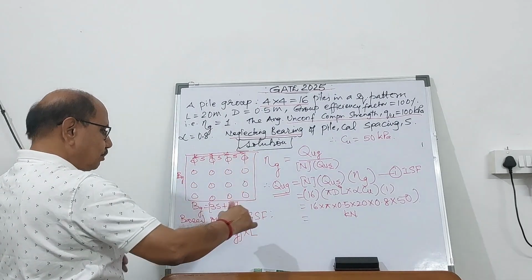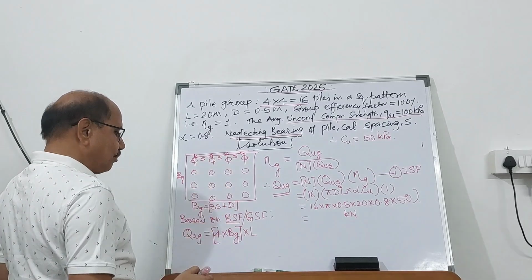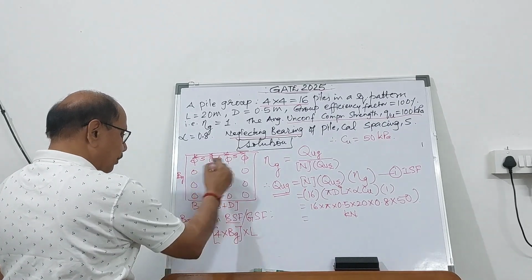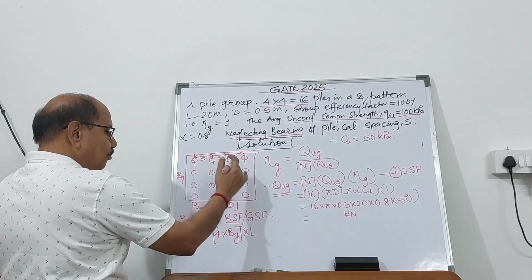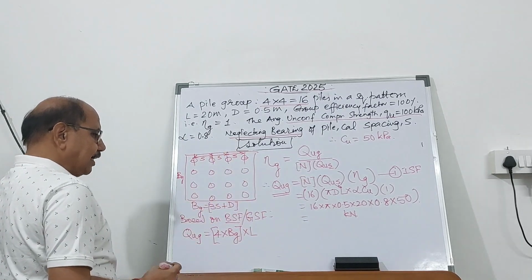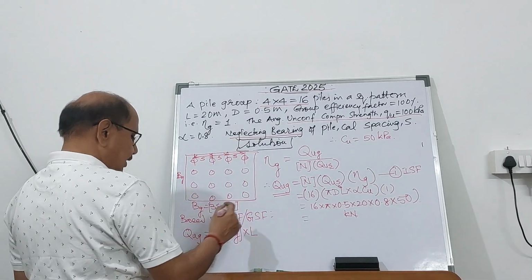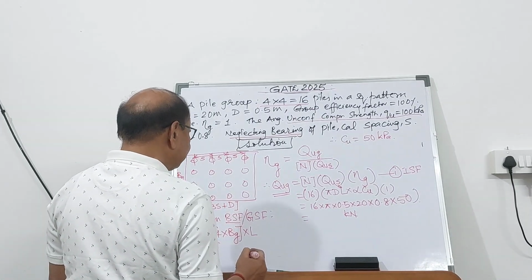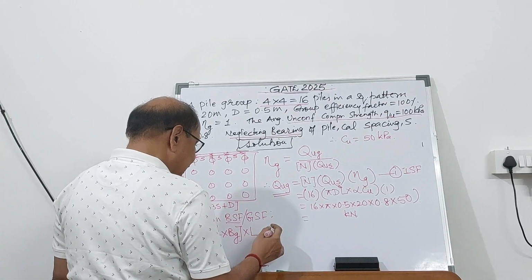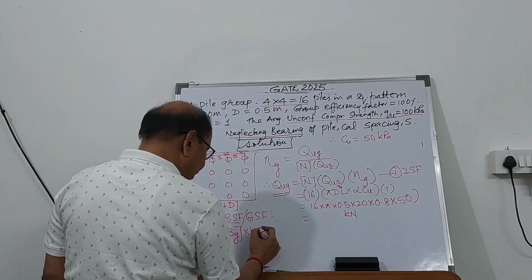So the pile group, what is the length of the pile? You multiply it. So perimeter into length, that becomes the complete area of the pile group, and the skin friction is going to act over there.